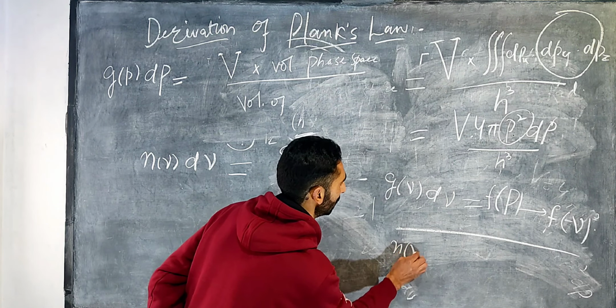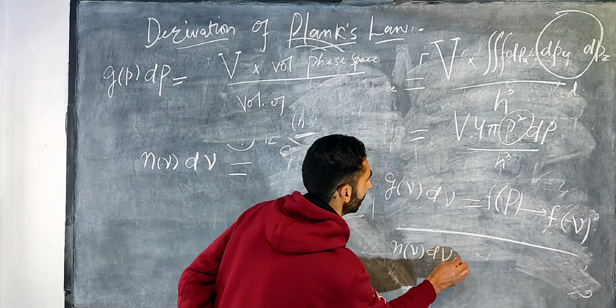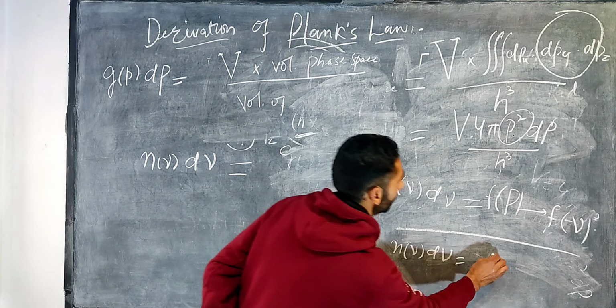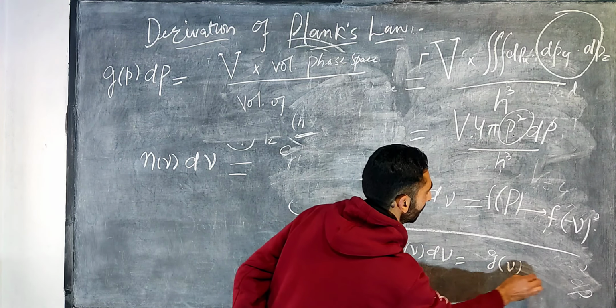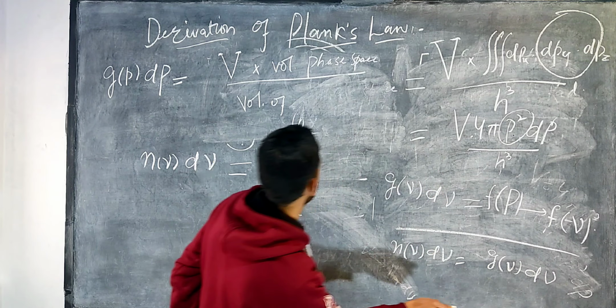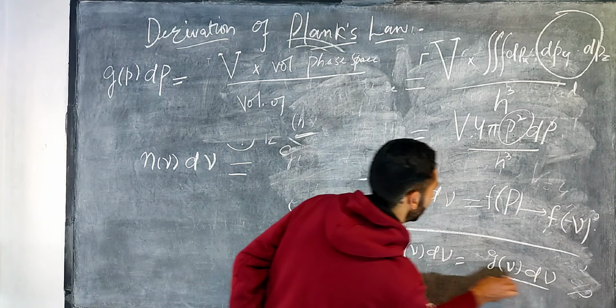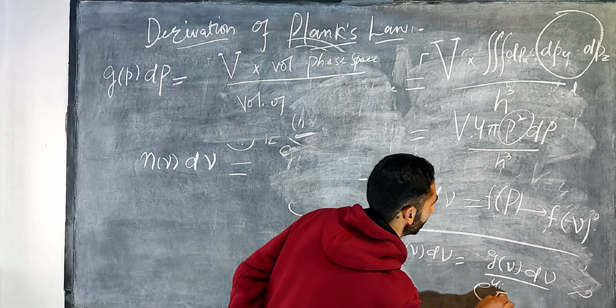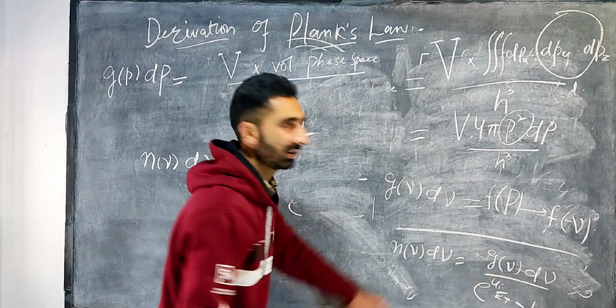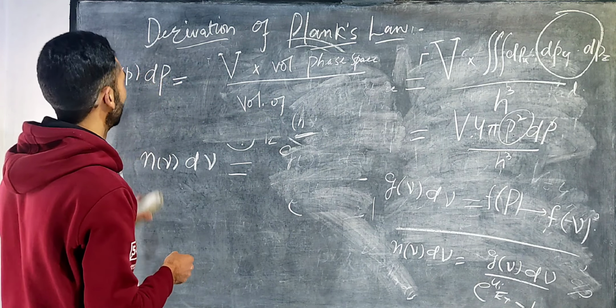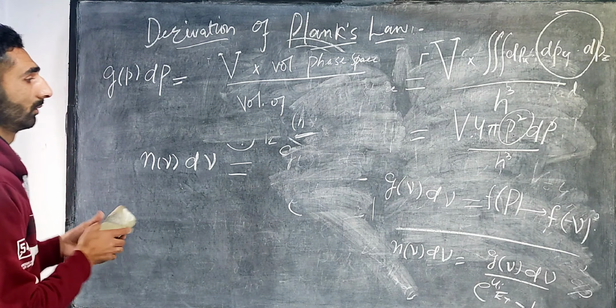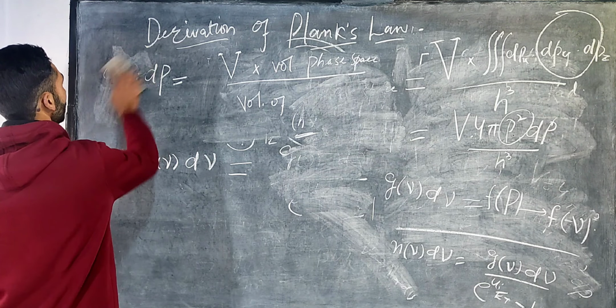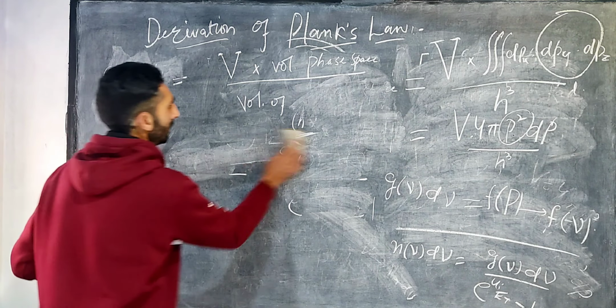We are getting n(nu) d nu equal to g(nu) d nu divided by e to the power h nu by kT minus 1. This equation will be used furthermore by using g(p) dp inside this.